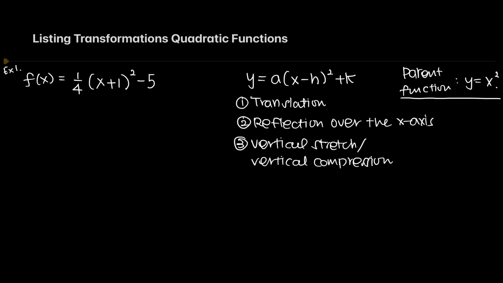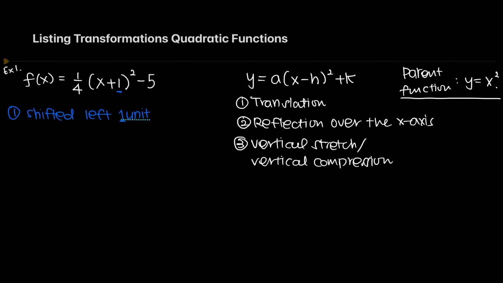Okay, first thing, translation. Number 1. So you always start off with translated or shifted. You can use any of those words, but you have to use one of them. So I'm going to put shifted this time. I'm looking at plus 1 here, so that's going to be left 1 unit.